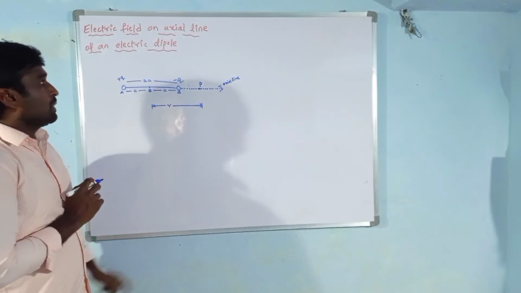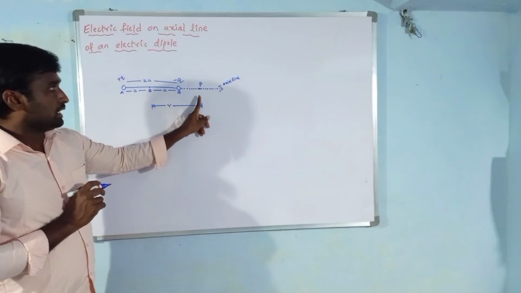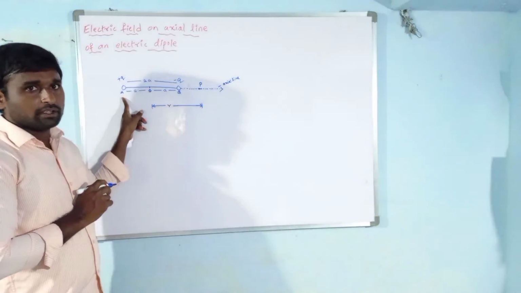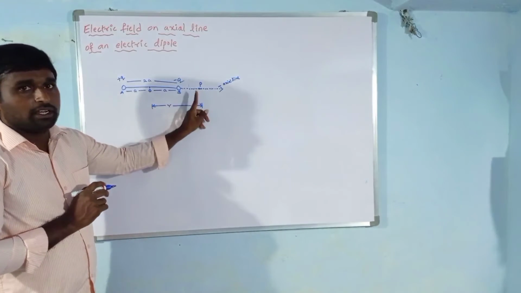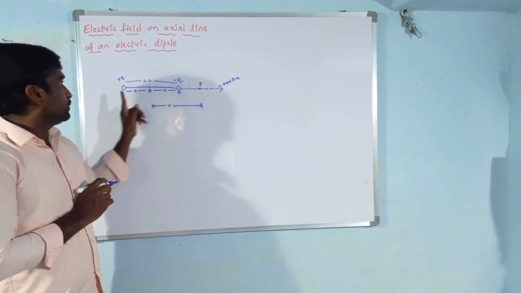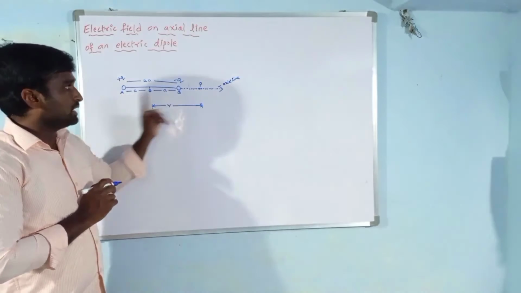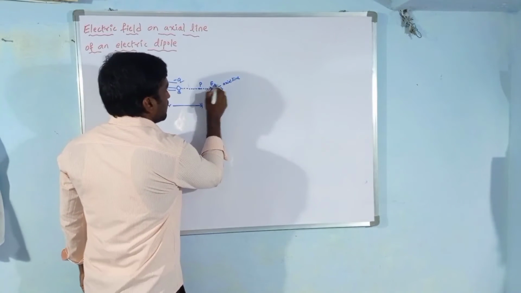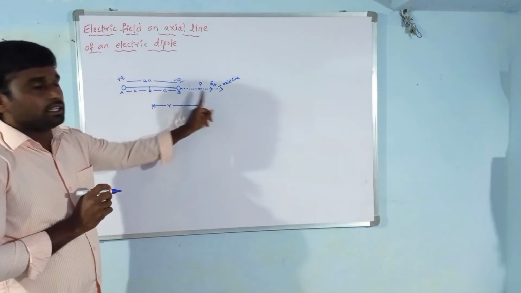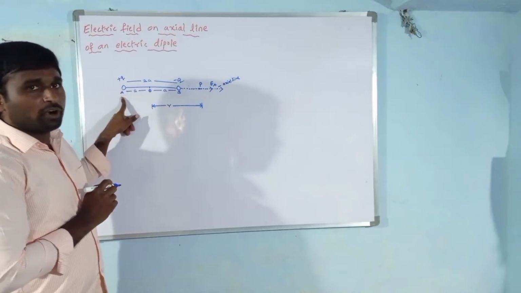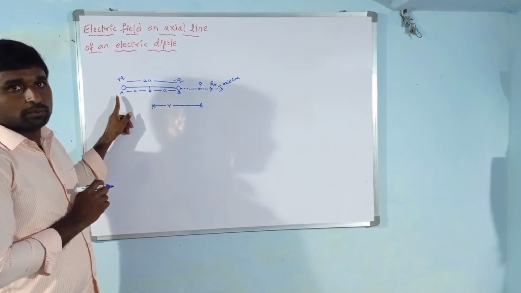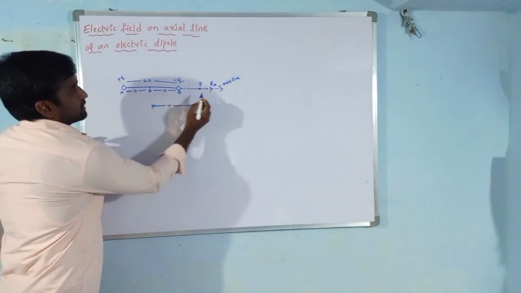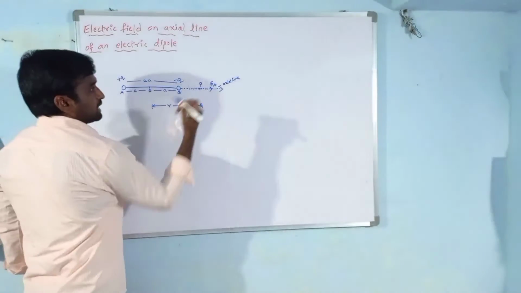First, the electric field intensity at point P due to the positive charge at point A is EA. What is EA? The electric field intensity at point P due to the point charge plus q at A. What is the direction of EA?